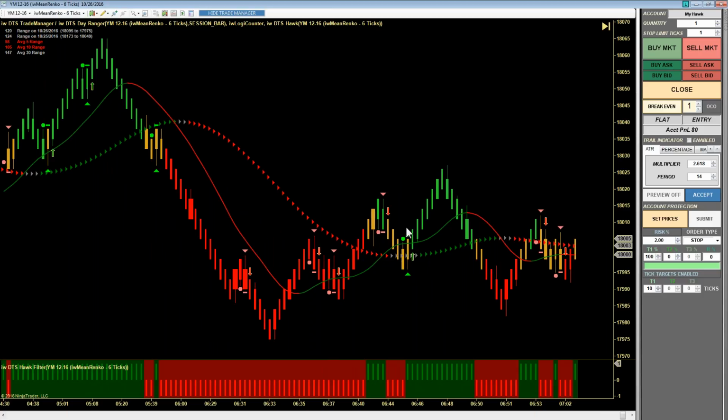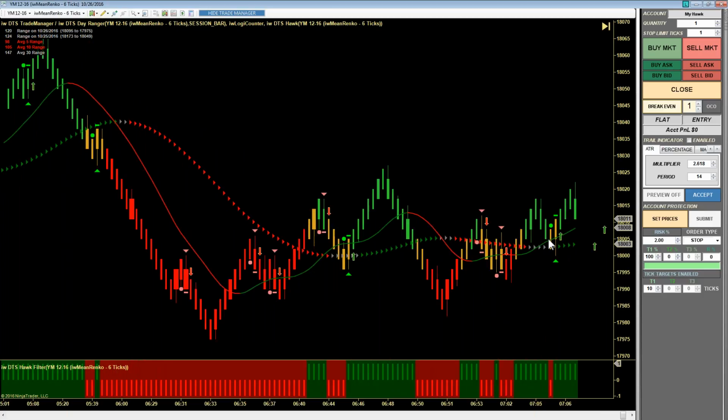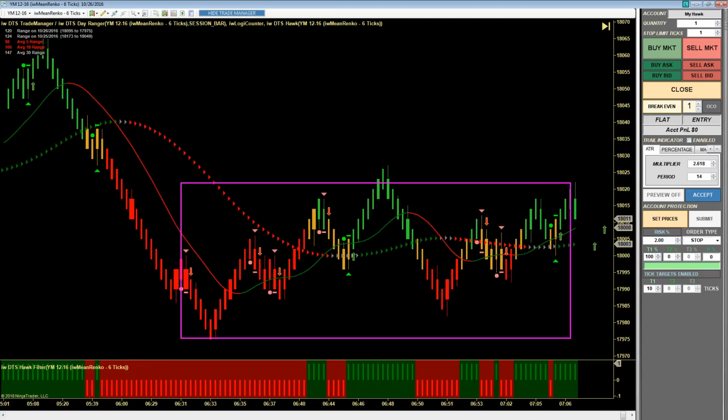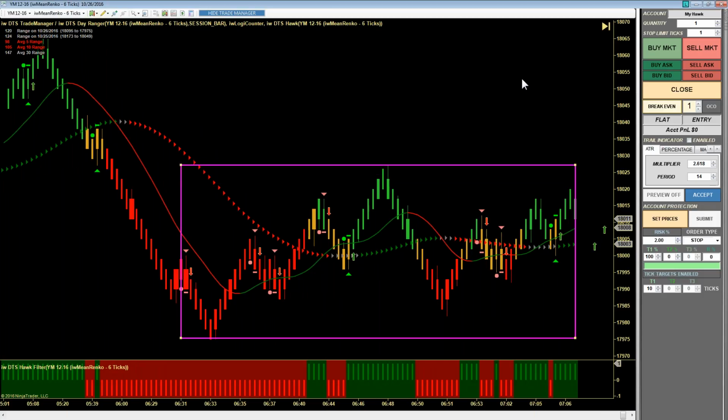But when you see yellow bars and no follow through, yellow bars and no follow through, now all of a sudden you're thinking, okay, we're in a chop zone. The best thing to do when you're in a choppy market is just to identify that the market's in chop and leave it alone until it gets outside of that choppy zone.